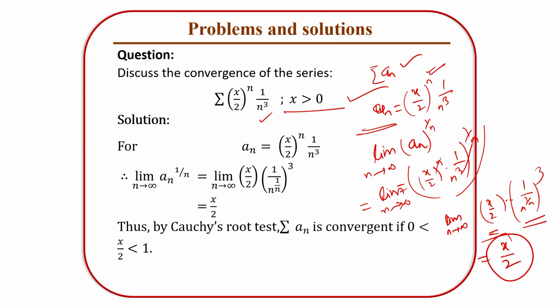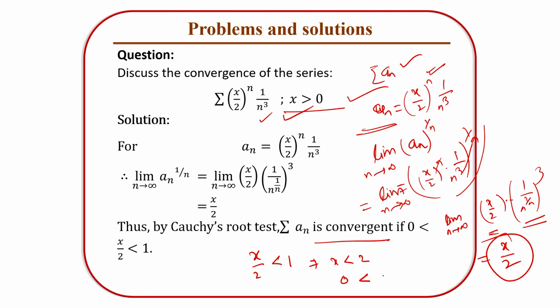Now x by 2 may be less than 1 or greater than 1, depending on the value of x itself. So it is convergent, since x is greater than 0, when x by 2 is less than 1, and that means x is less than 2.